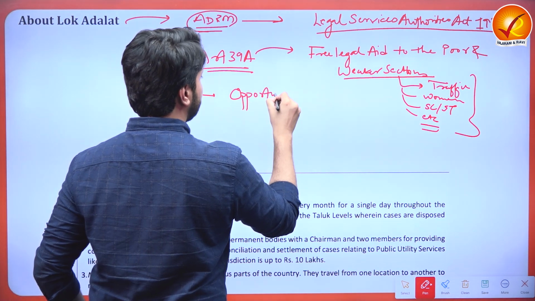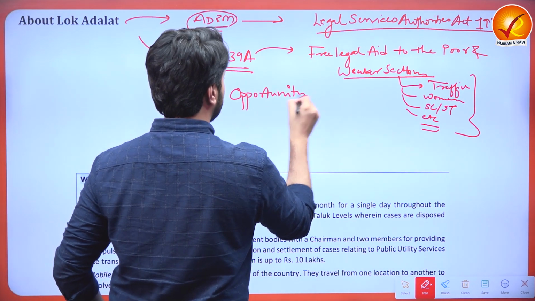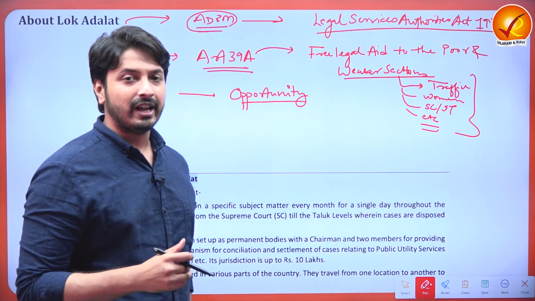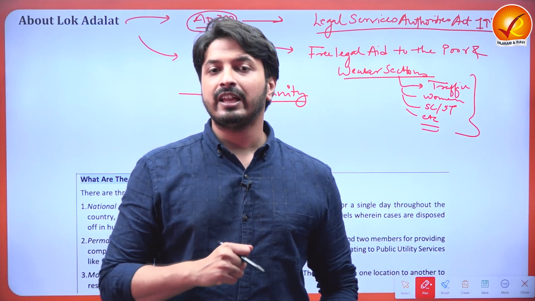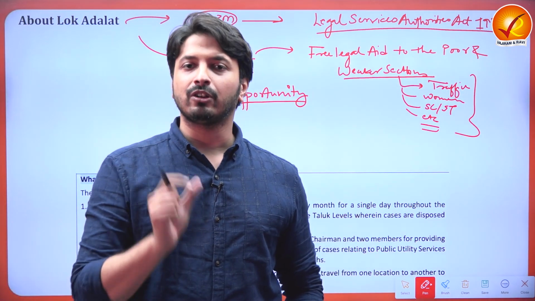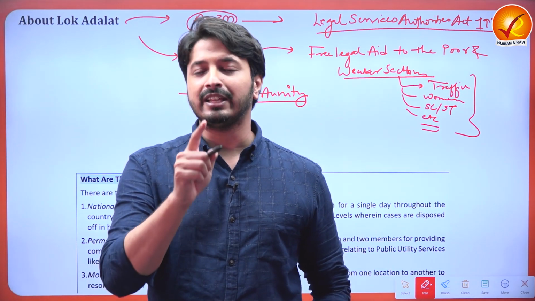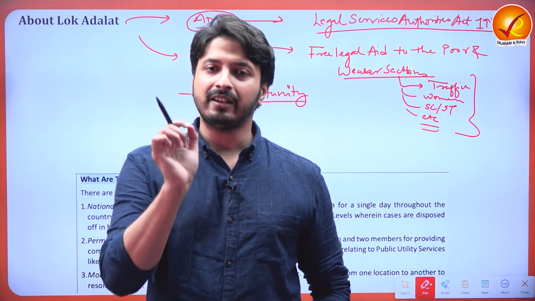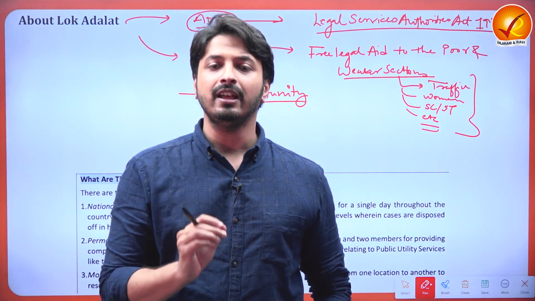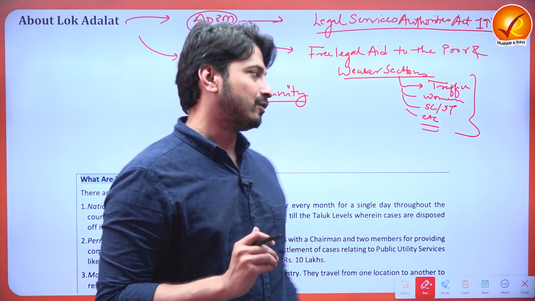If any person is poor or comes from a weaker section of society, their social class or status should not deprive them of getting justice in our country. That is the core essence of Article 39A of the DPSP.